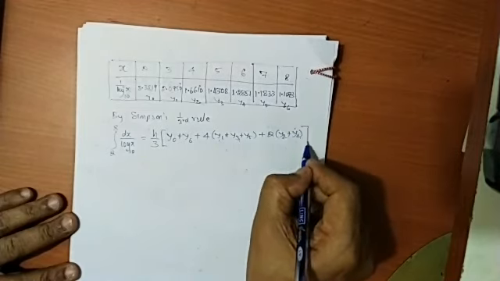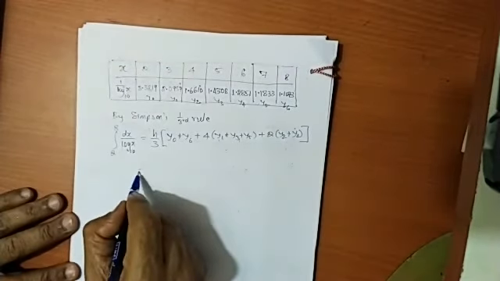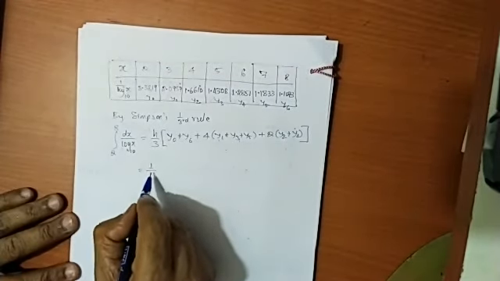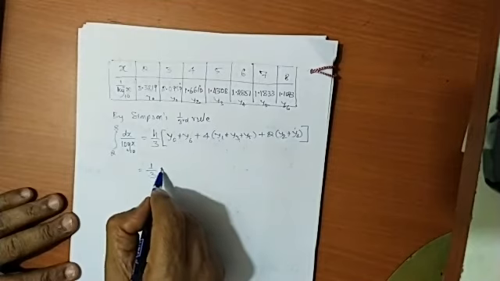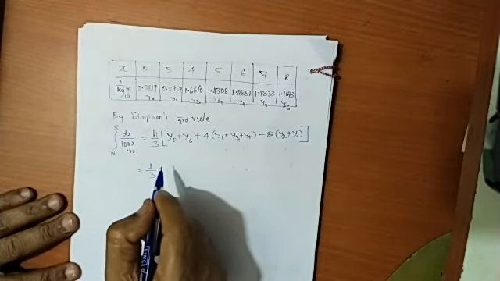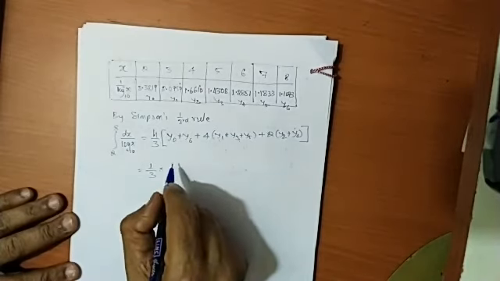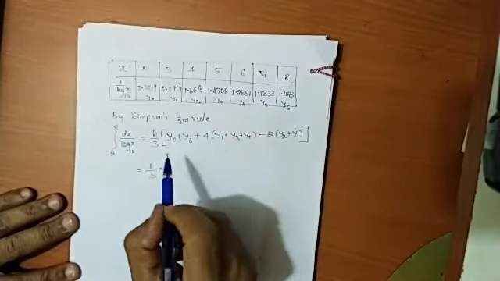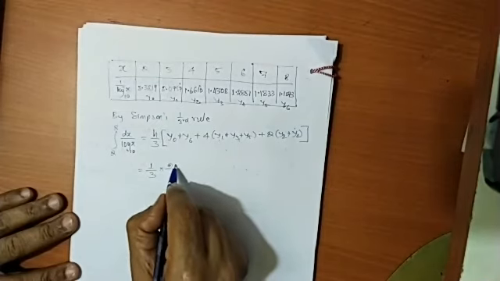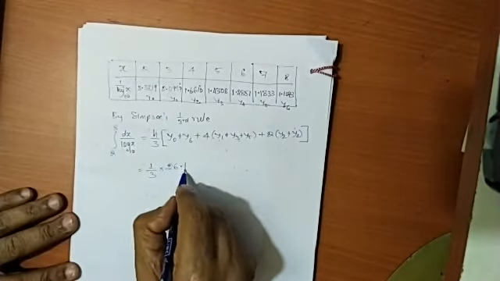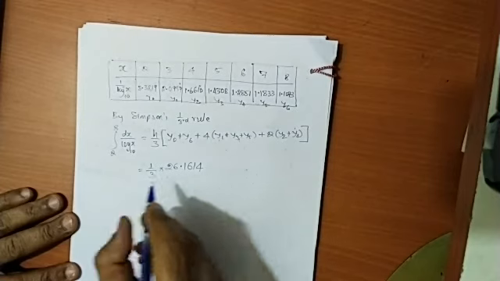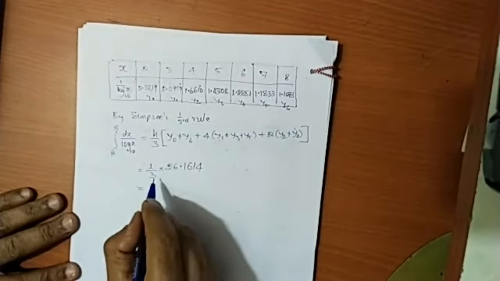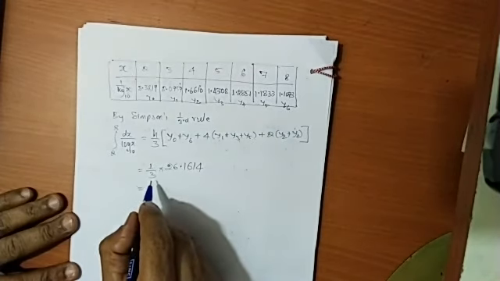That's all, only 2 even terms. If I substitute these values, I get 26.1614, so the final answer is 9.705.